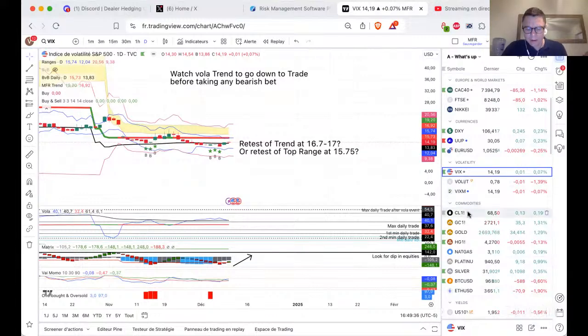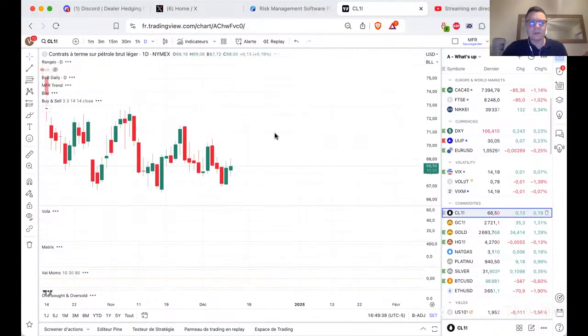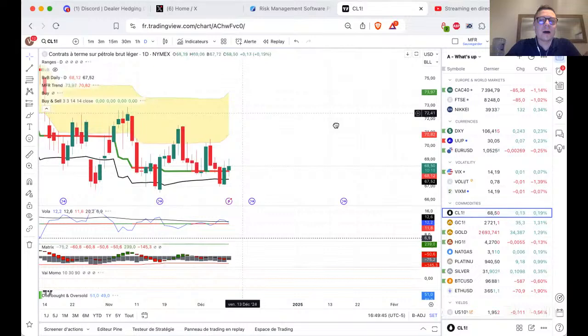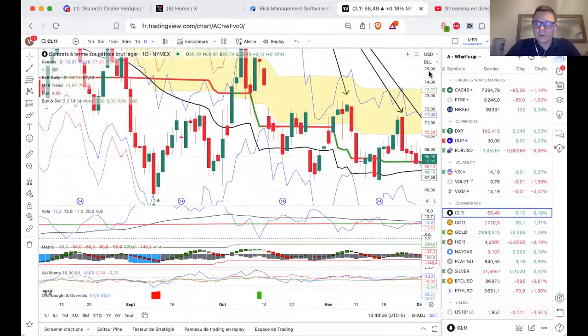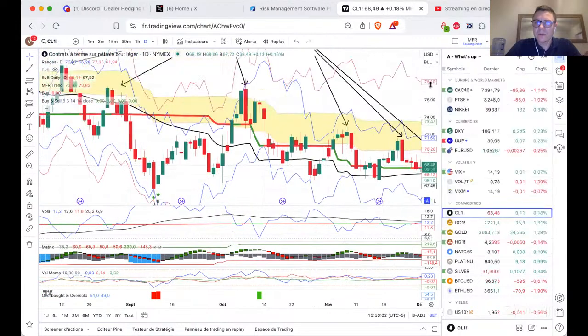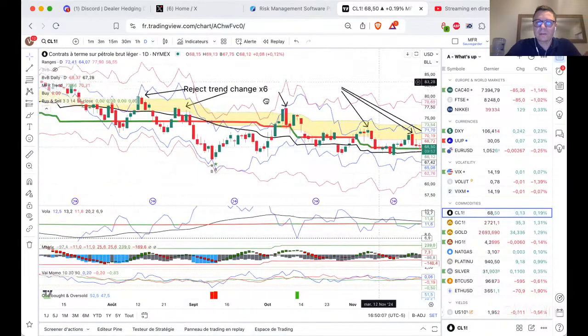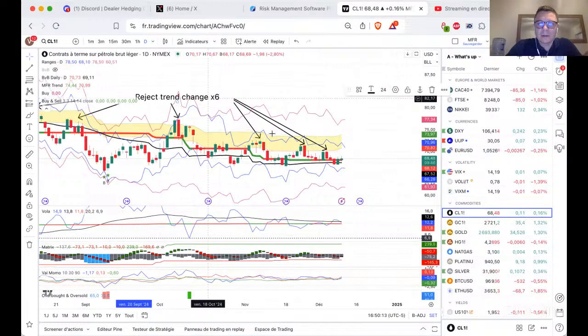Now to CL. Raghav mentioned that he's looking for maybe a trend shift in a few weeks. So far, I'm not seeing it. It's very difficult to project yourself into the future for now. All we got so far is 6 rejections of trend. So another 3, boom, boom, boom.